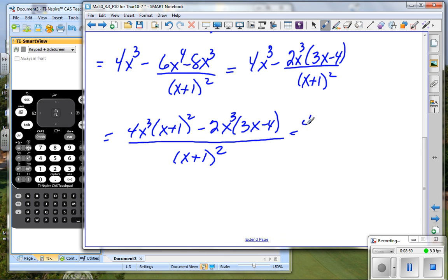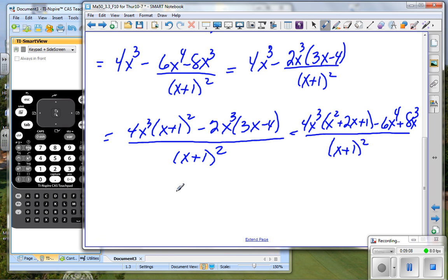Let's see, we'd have 4x cubed times x squared plus 2x plus 1 minus, let's see, this would be 6x to the 4th plus 8x cubed. What we could have done was, well, I guess we can't because we don't have a common fraction here, but at this point we could compare our numerator with what was in our answer.